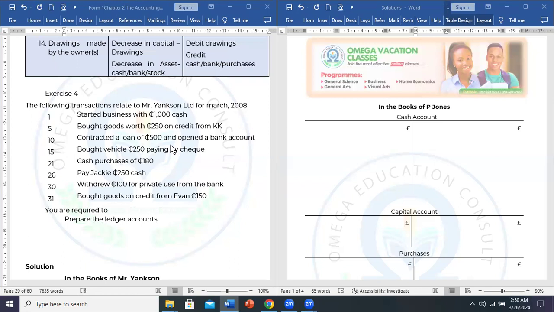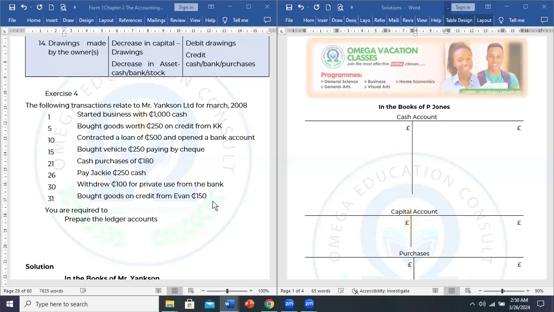Cash purchases of 180 Ghana cedis. Paid Jackie 250 Ghana cedis cash. Withdrew 100 cedis cash for 800 cedis, for private use from the bank. Bought goods on credit from Ivan, 150 cedis.